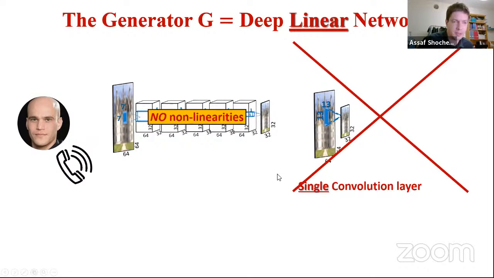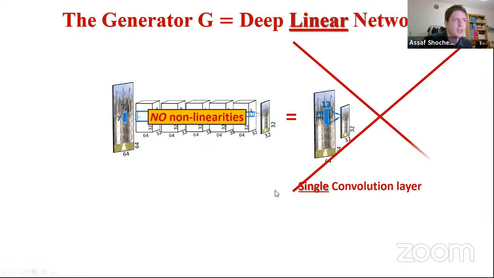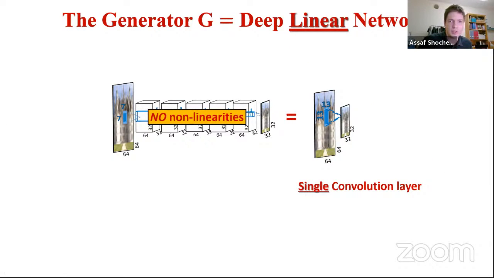the reason why applicatively this can't have any use is that, think about it. This is just a sequence of matrix multiplications. And this is an associative operation. So if you just multiply all these matrices together, you can say that this is exactly the same as just having one single matrix, just one single layer.